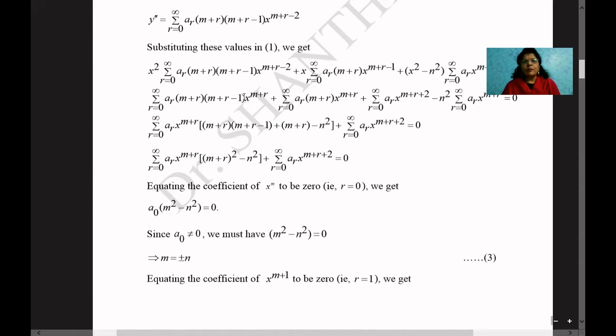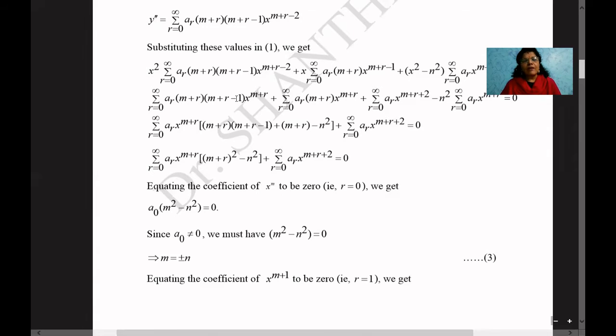So I'm going to group the first, second and the fourth term. What is common out of first, second and fourth term? Summation. Sigma r is equal to 0 to infinity ar x power m plus r. See, sigma is common to all the 3 terms. Ar is common. X power m plus r is common in first, second and fourth term. So I'm taking that much outside.